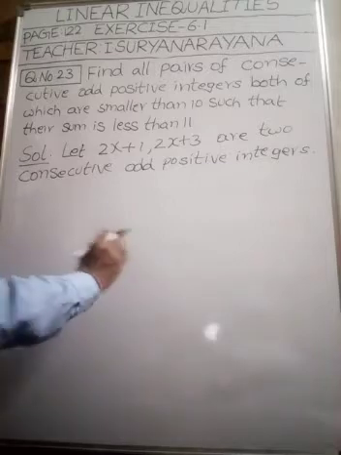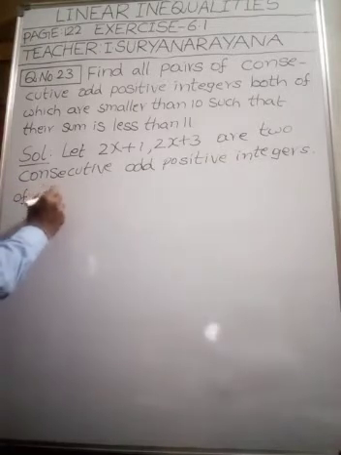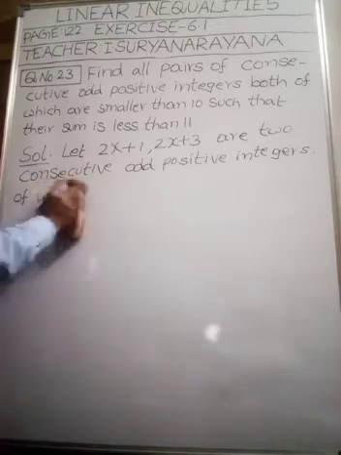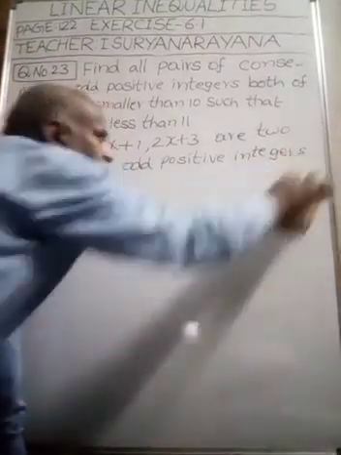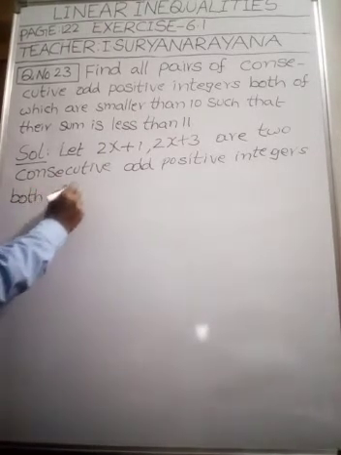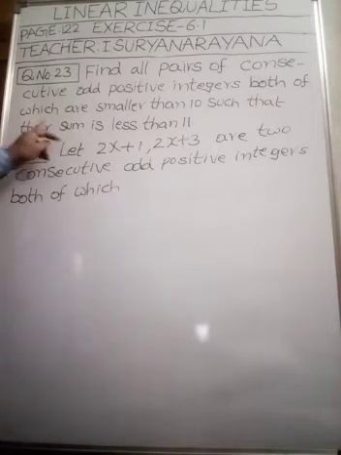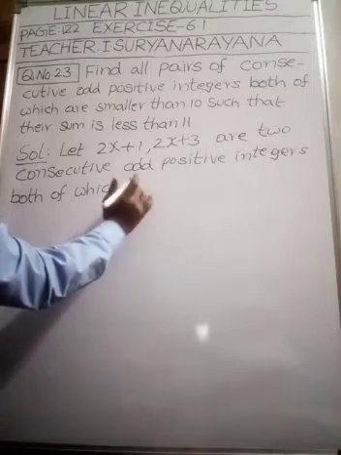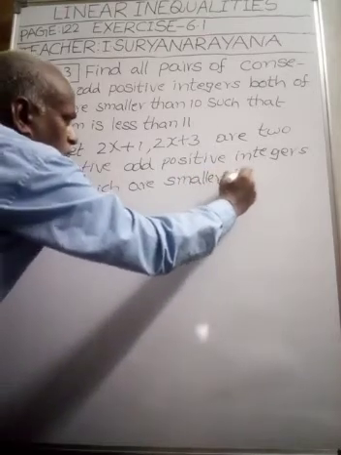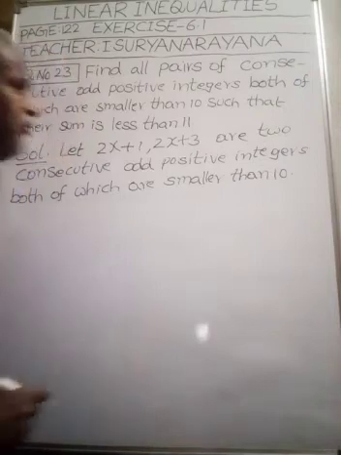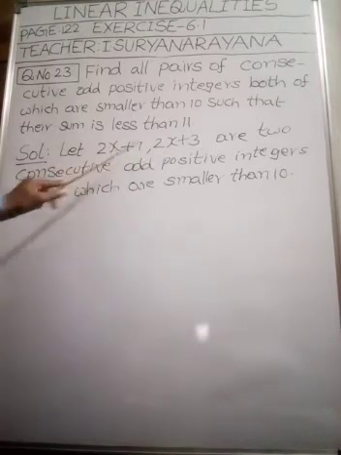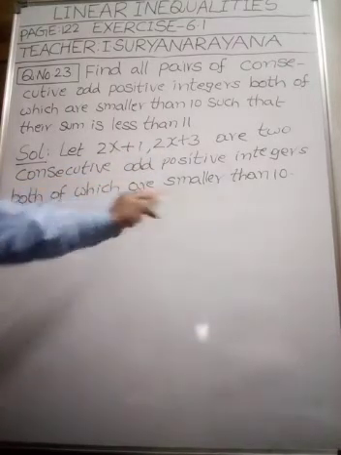Both of which are smaller than 10. We have taken two odd positive integers such that both of which are smaller than 10.